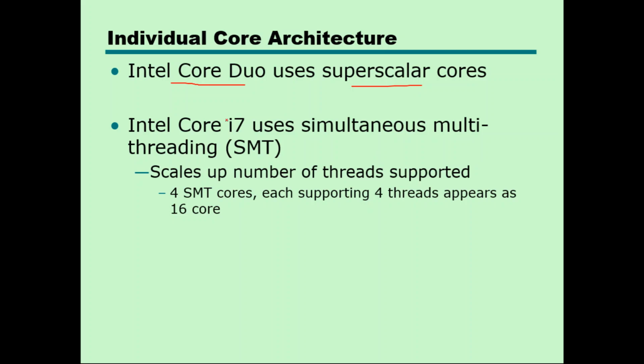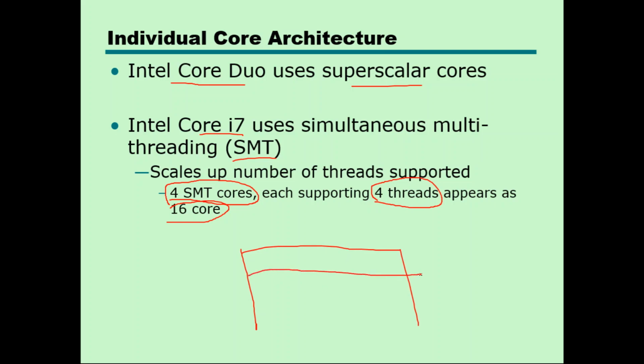Whereas Intel Core i7 uses SMT, simultaneous multithreading. It uses four SMT cores in such a way that each of these cores can support four threads simultaneously. So it gives the appearance to the user as if there are 16 cores. We discussed SMT previously.